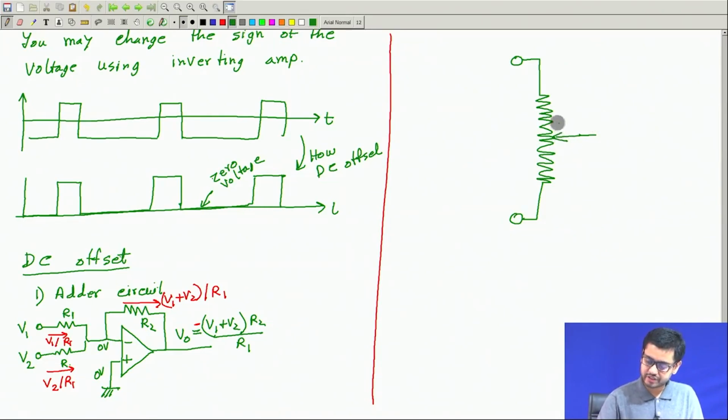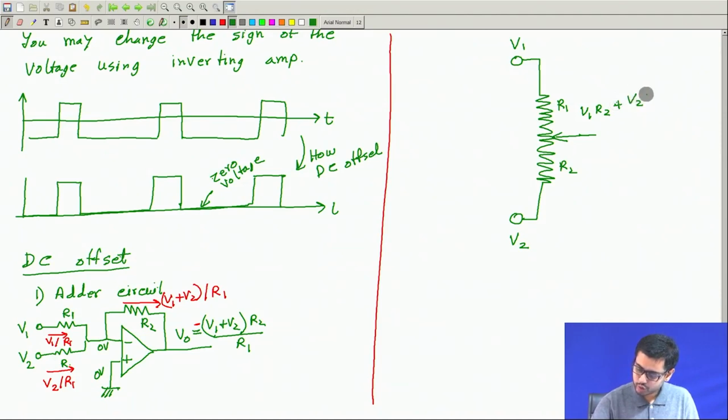So, this voltage will definitely be, call it V1, V2, and if this is R1, this is R2, then this voltage will be (V1 R2 + V2 R1) / (R1 + R2). Okay. So, this will be the voltage here if no current is drawn.